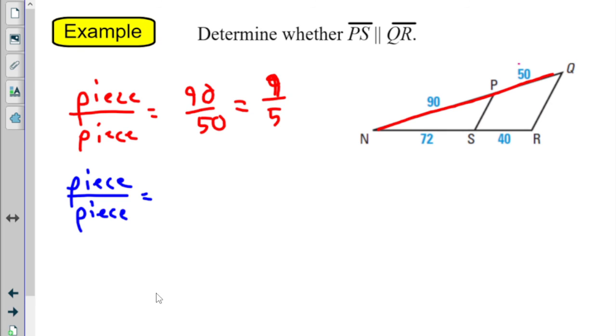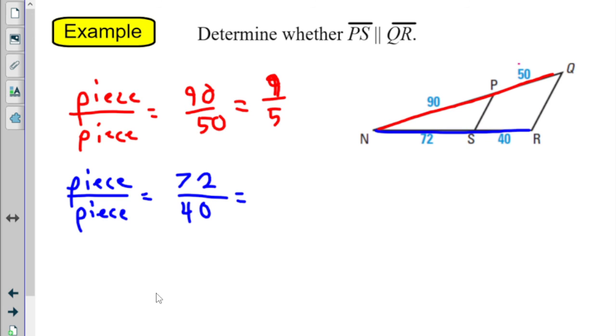So if we put 90 on top for the red side, over on the blue side, what should we put on top? It's going to be the 72. Keep it consistent. And since we put 50 on the bottom on the red piece, we're going to put 40 on the bottom on the blue piece.